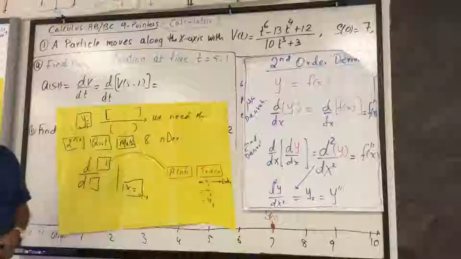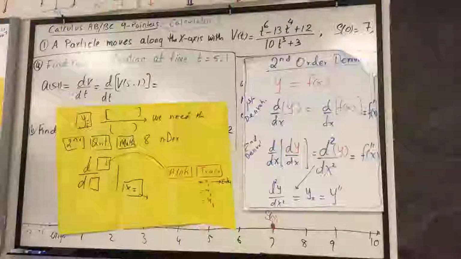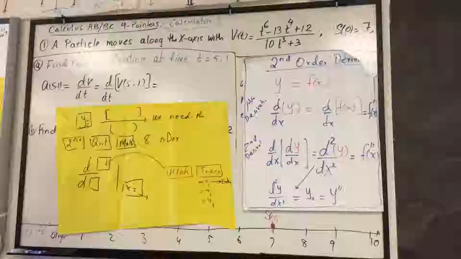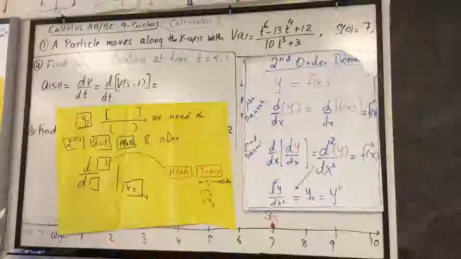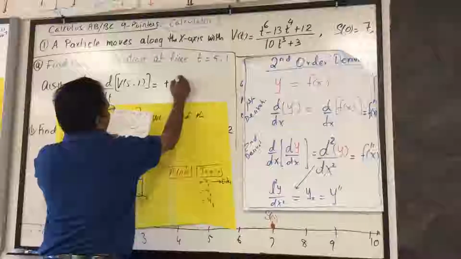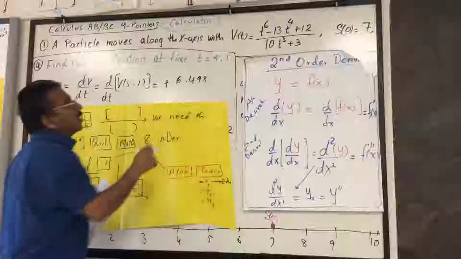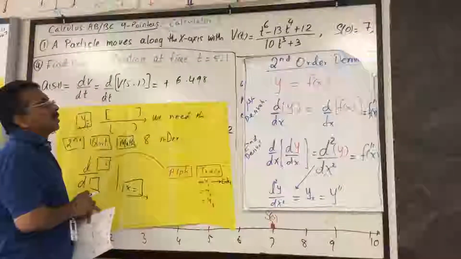So you click on 5.1, and the answer that you get is the acceleration, and it gives you a plus, so this is what you're going to get: plus 6.498. Now this doesn't give us any information about the units.